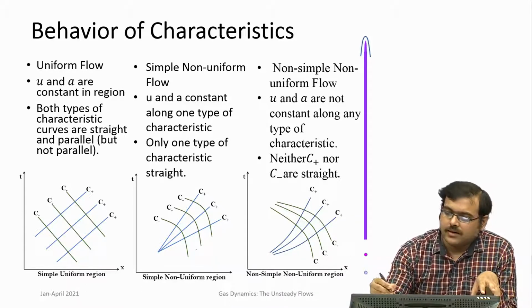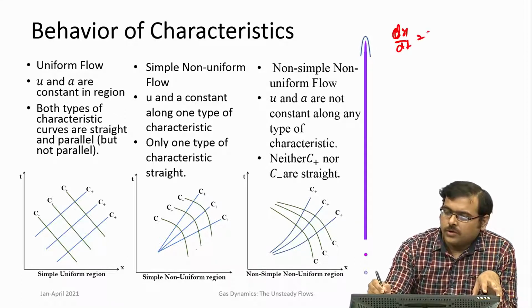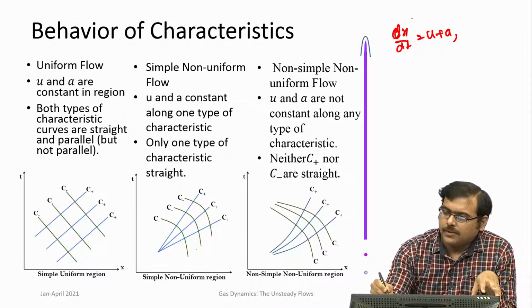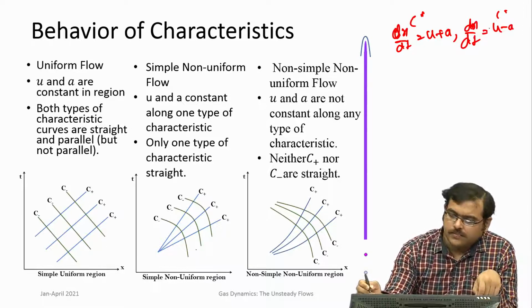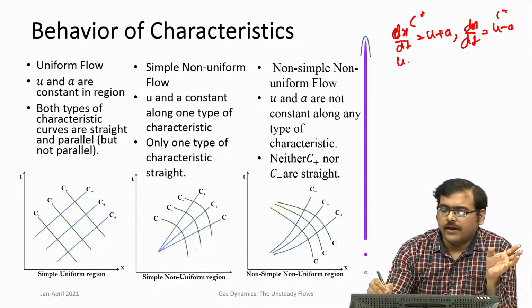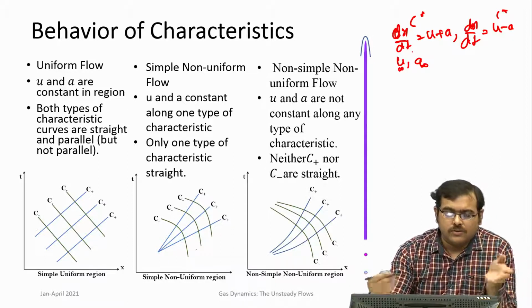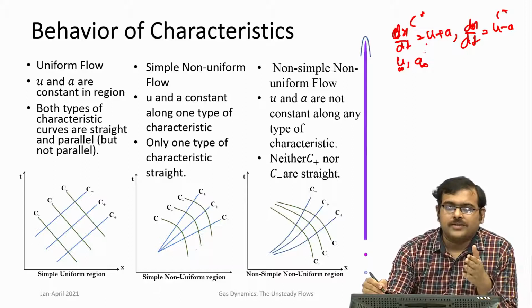The C plus and C minus are nothing but dx by dt equal to u plus a, which is C plus, and dx by dt equal to u minus a, which is C minus. If you draw them, at all points u and a are the same. You can take them as u infinity, a infinity, the same everywhere in a uniform flow field. Therefore dx by dt is the same along u plus a and u minus a.